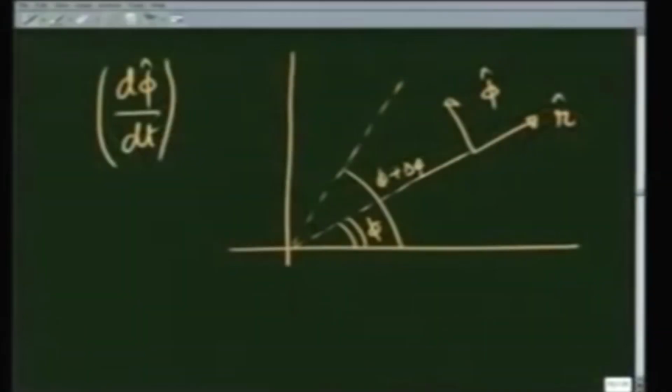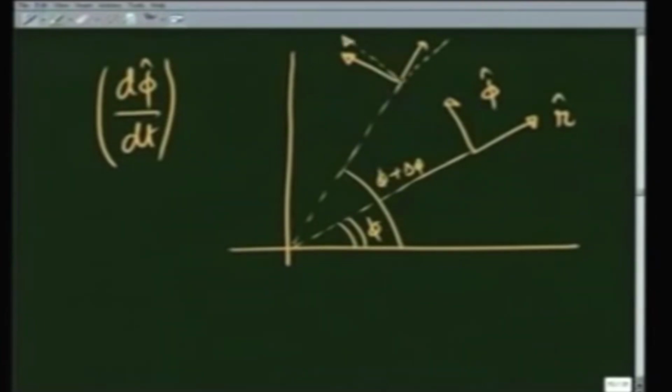this was my r unit vector and this is the phi unit vector. When I move to a new position, this was phi, this is phi plus delta phi. Both unit vectors have also moved from their original direction by angle delta phi.